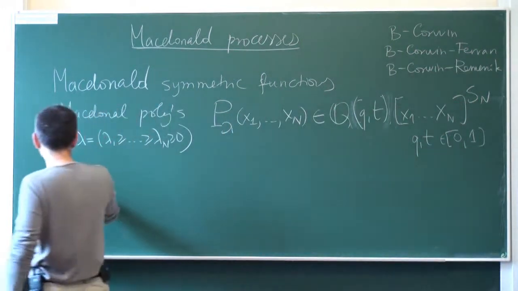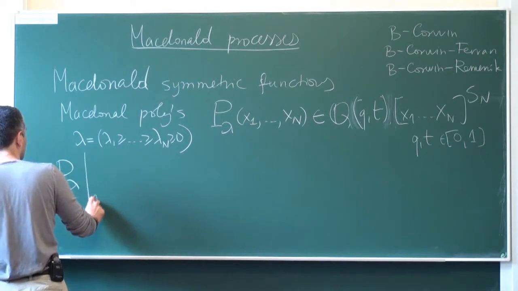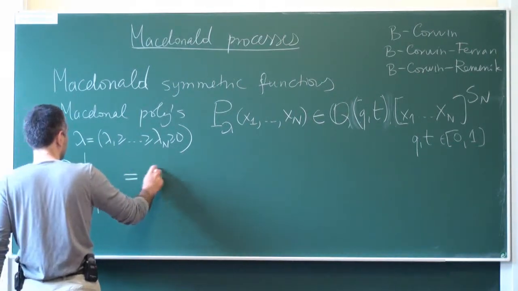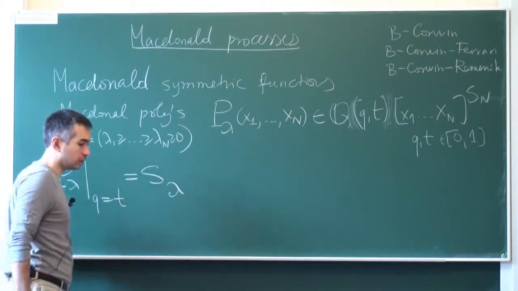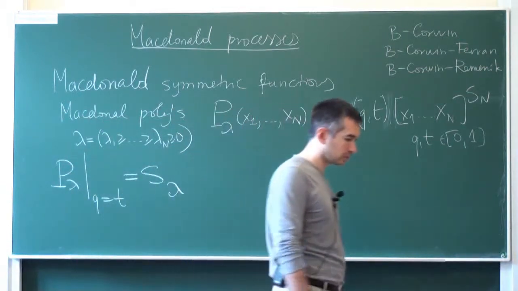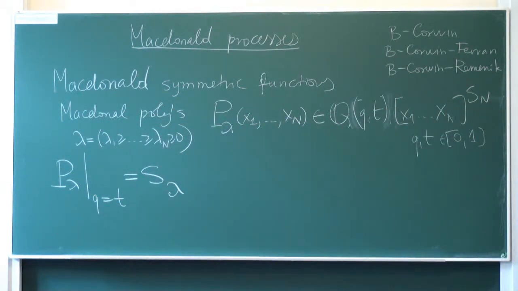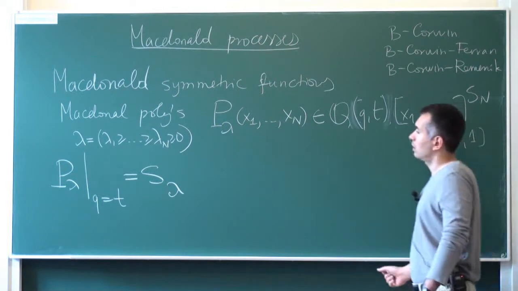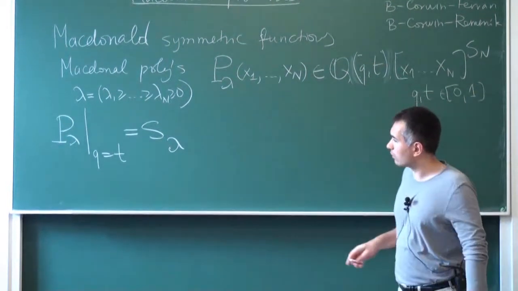The connection to the previous talk is achieved by the relation that if I set the 2 parameters to be equal, then the Macdonald polynomials turn into Schur polynomials. But there is much more involved.